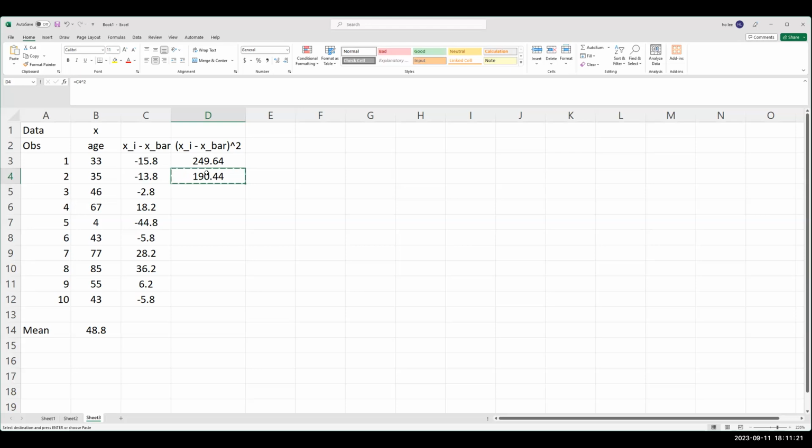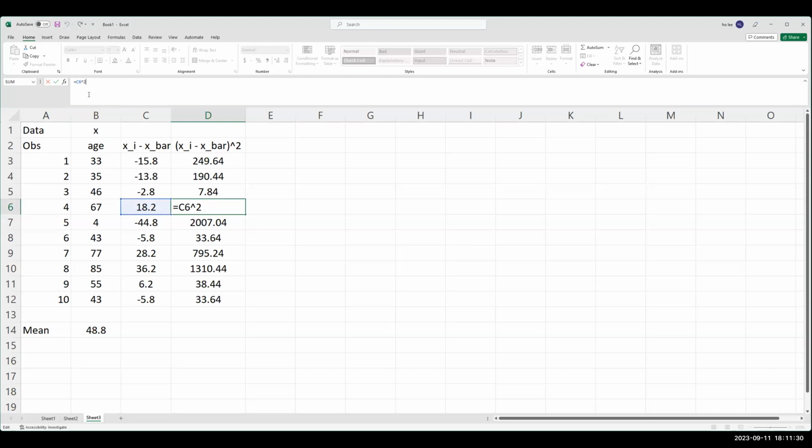I'm going to copy the formula and paste it into this area. Make sure the formula is correct. Click on a random one. Yeah, squaring it. Yep.